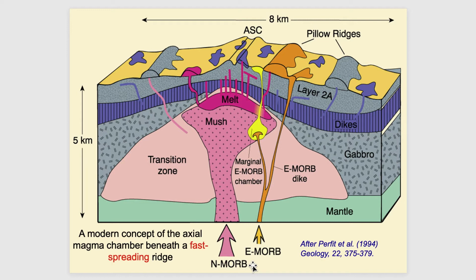So some authors explain these EMORBs as essentially being a recycling of differentiated crust that would be particularly alkaline. We remember that tholeiitic basalts quite commonly are subalkaline, and so the fact that we find a significant amount of potassium could be an indication of this type of recycling.